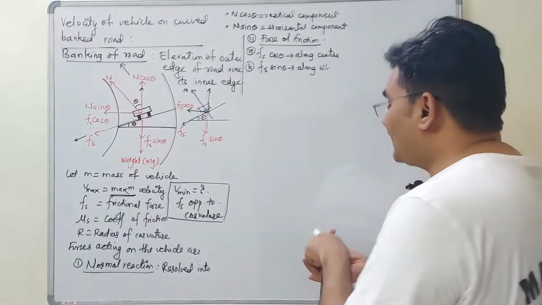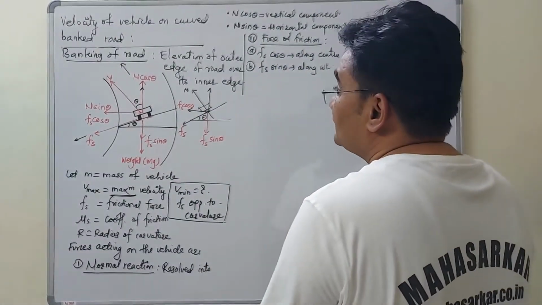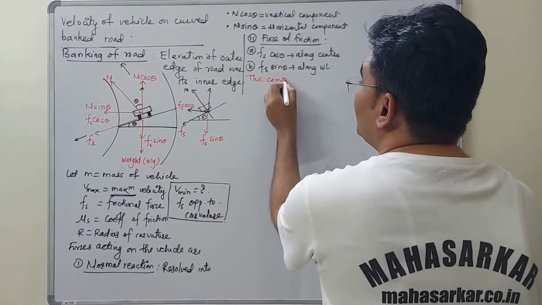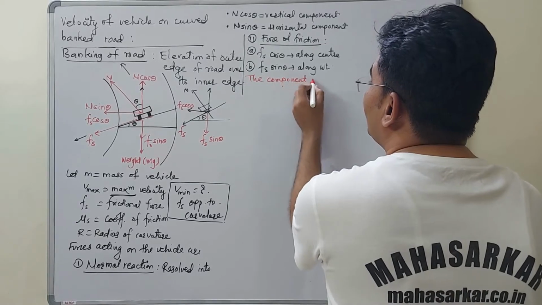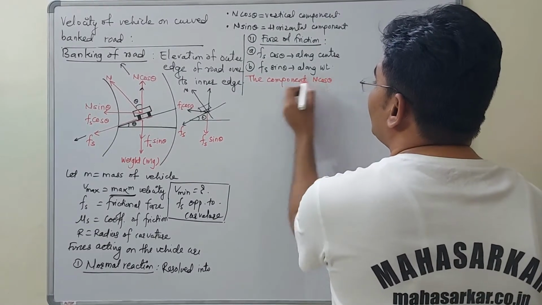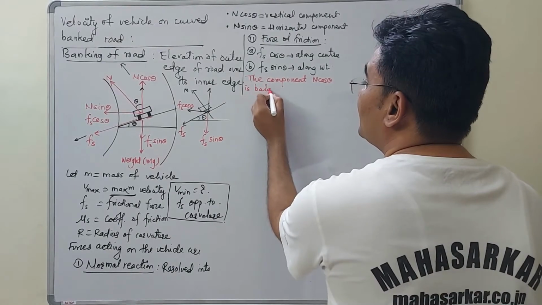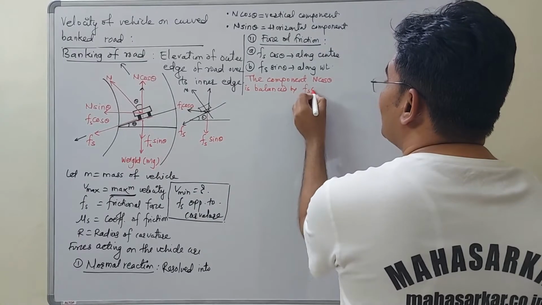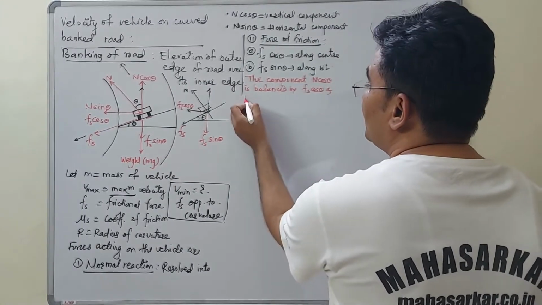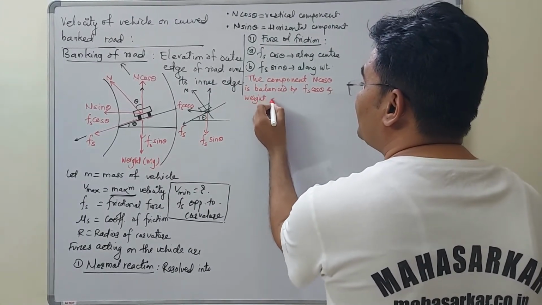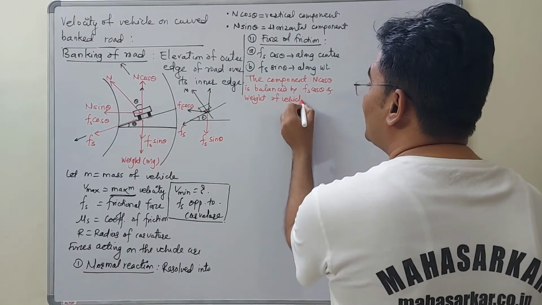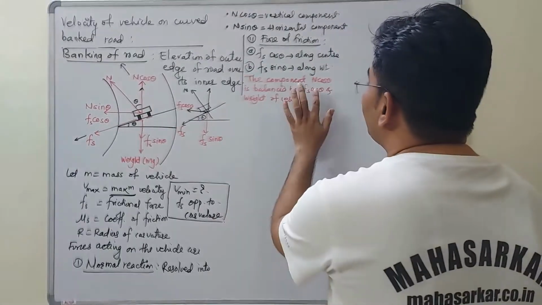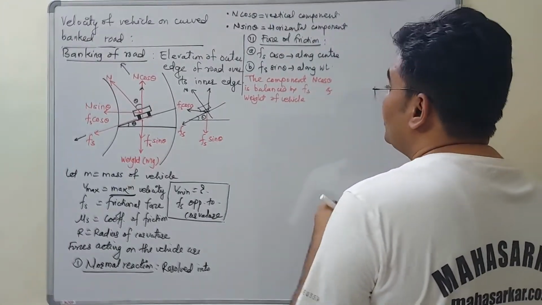So we can write one important term: the component N cos theta is balanced by two parts, Fs sin theta and the weight of the vehicle.